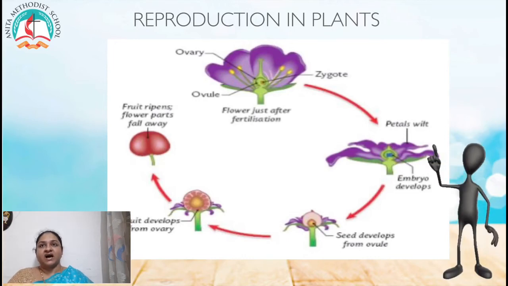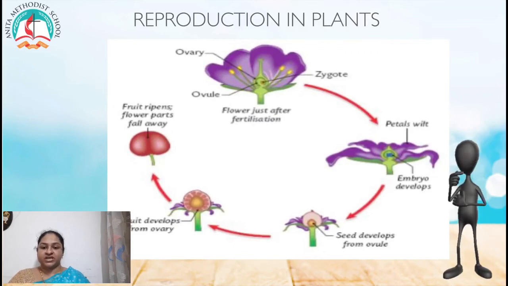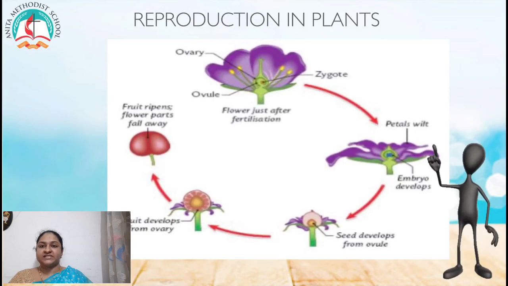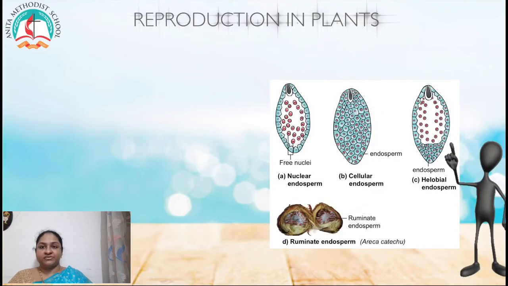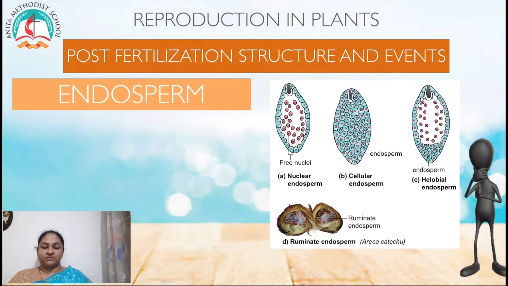The events after fertilization are endosperm and embryo development, and formation of seed and fruits. Okay, and they are called post-fertilization changes. So, the primary endosperm nucleus, PEN, divides immediately after fertilization, but before the zygote starts to divide, to form the endosperm.